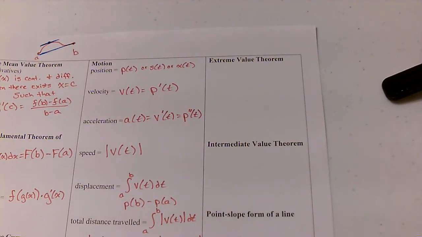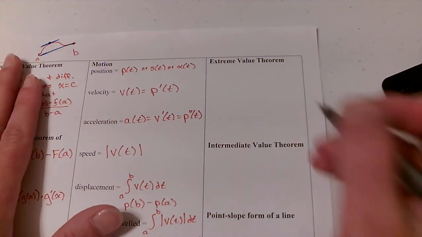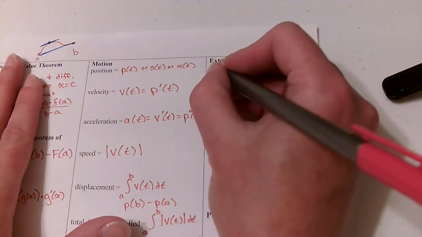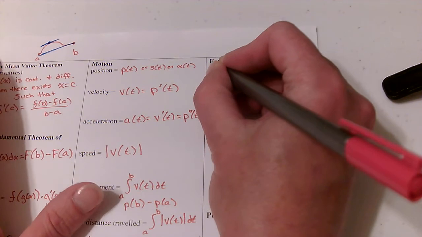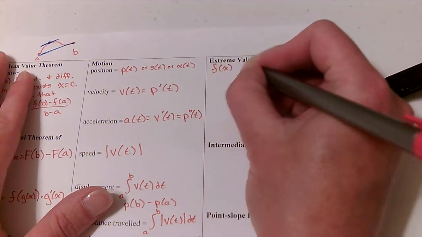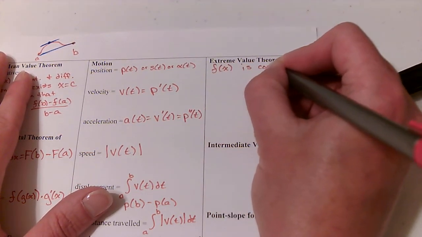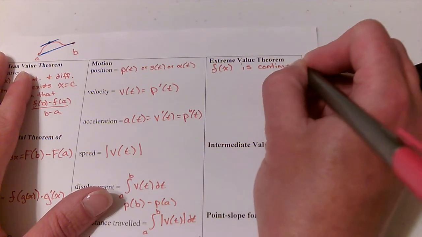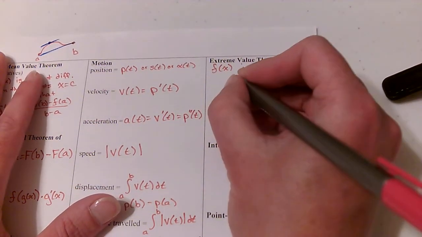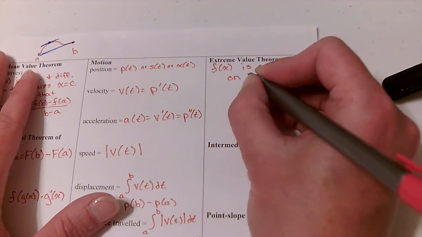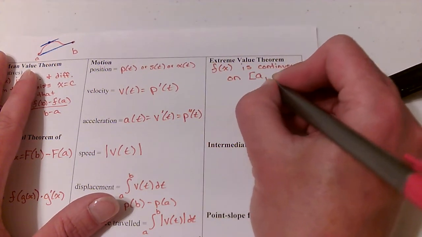Extreme value theorem. Now, for extreme value theorem, f of x has to be continuous. If it's not, then you don't have an extreme value theorem, and it has to be on a closed interval.